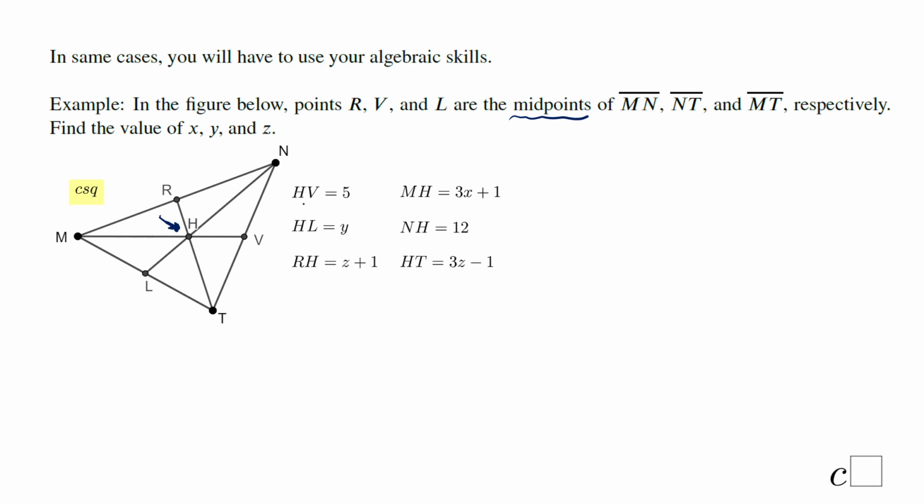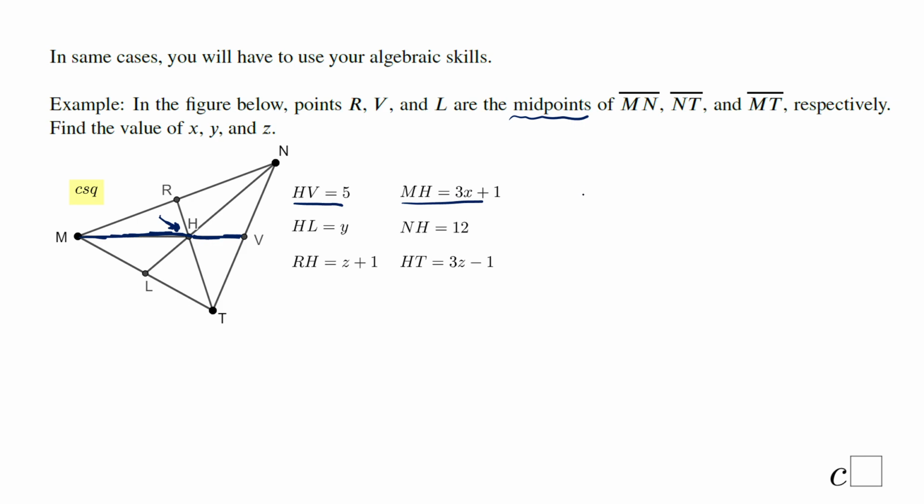And what do you notice here? We have HV and MH in the first part. HV is this piece, if you notice, and MH is this corresponding part, and all these together are nothing else than the median MV. But what is the relationship between these two?